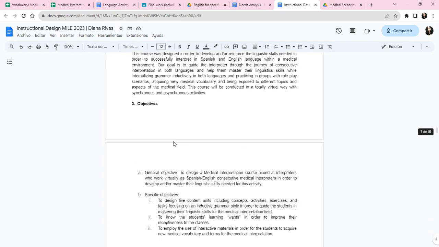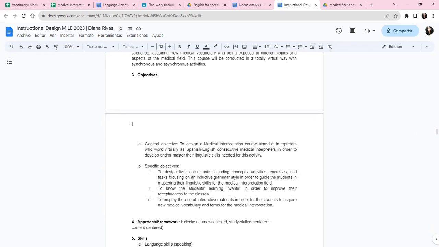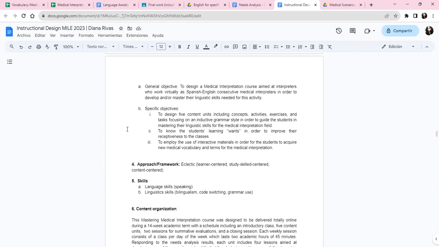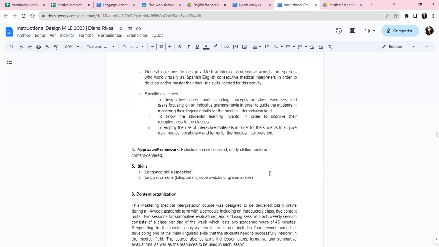And well, the objectives of this syllabus will be the general one, to design a medical interpretation course aimed at interpreters who work virtually as Spanish-English consecutive medical interpreters in order to develop and or master their linguistic skills needed for this activity.